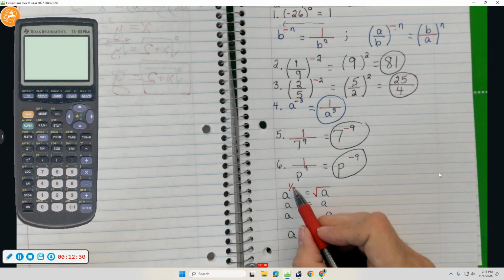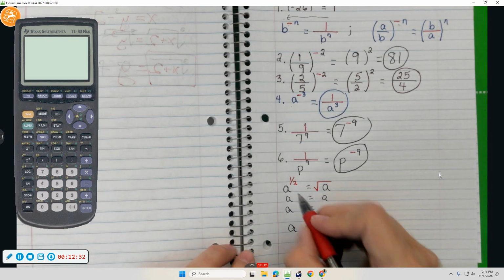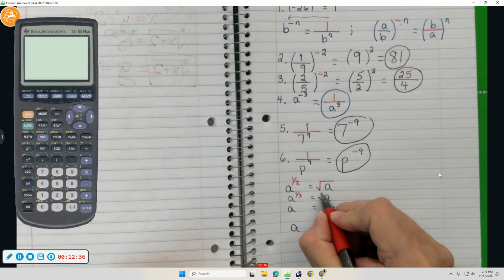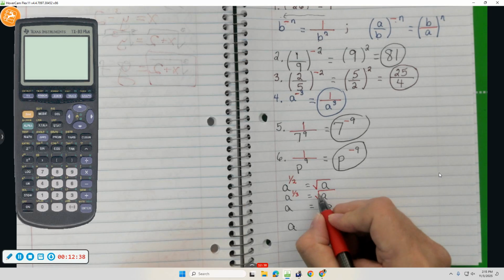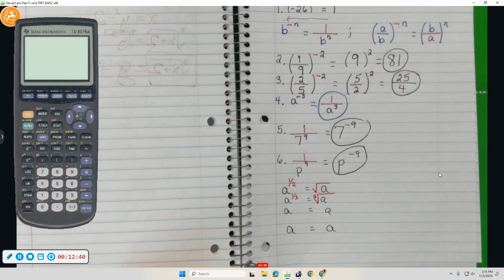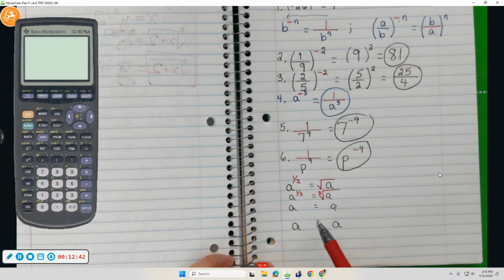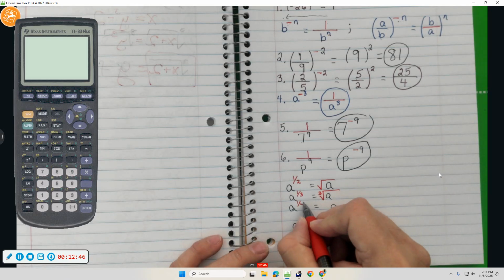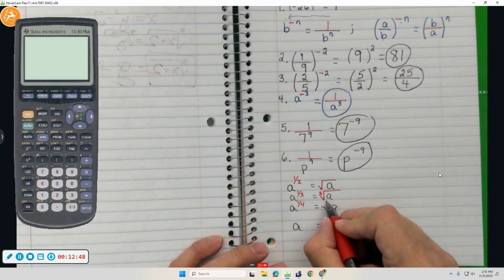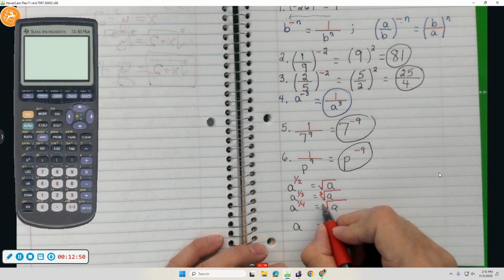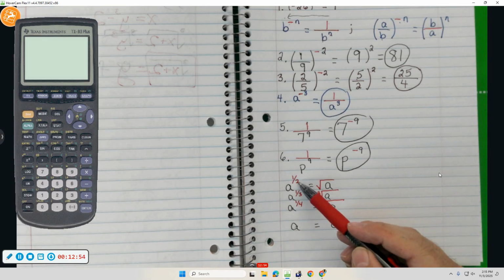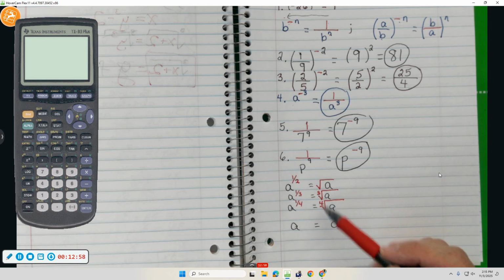A 1/2 exponent is a square root. A 1/3 exponent, I even had a problem with the 1/3 exponent on the midterm test. A cube root. A 1/4 exponent is a 4th root. Whatever this bottom number in the exponent is, that's the root.